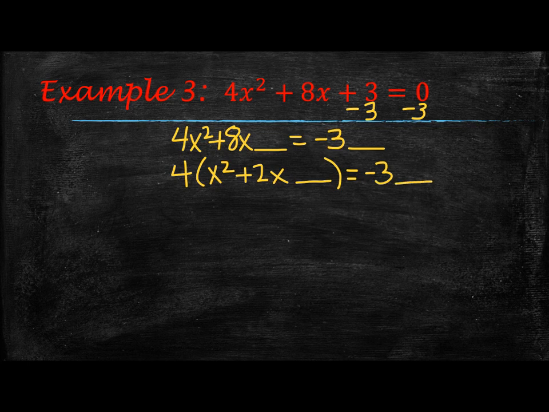Then we'd want to decide what the number is that we have to add in. So we're going to take that 2, divide it by 2, and then square it. So that would be 1. So we're adding in a 1 here, but remember on the other side we need to do 4 times 1, so we're adding in a 4.